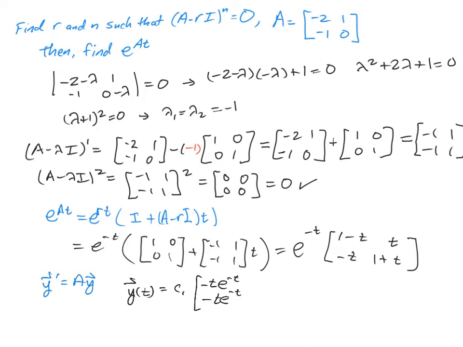So there's a 1 there. And then we have c2 times the second column, which is going to be t e to the -t, and then (1 plus t) e to the -t. And so that right there is the solution of the corresponding system for this matrix problem.